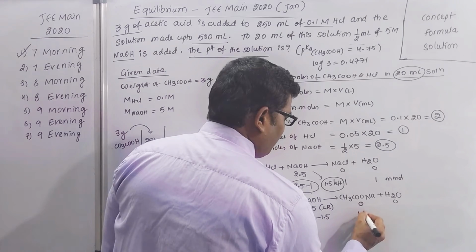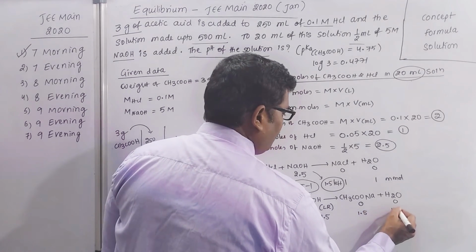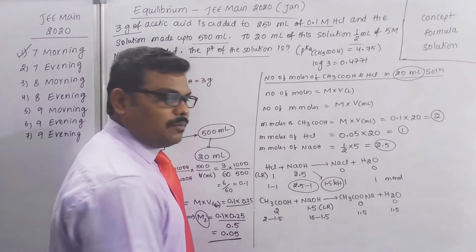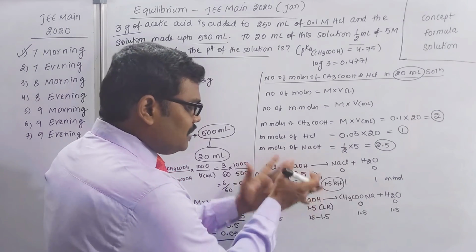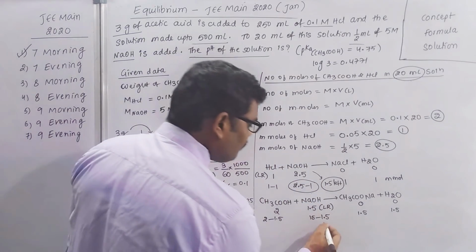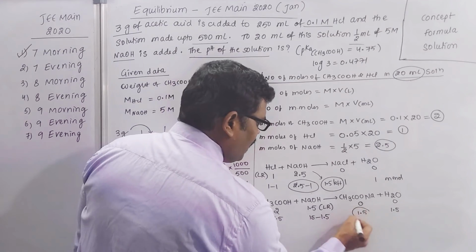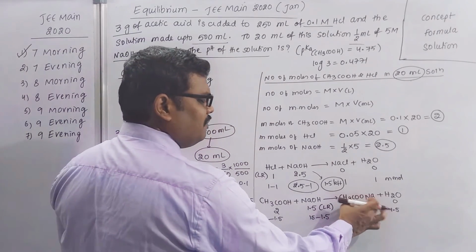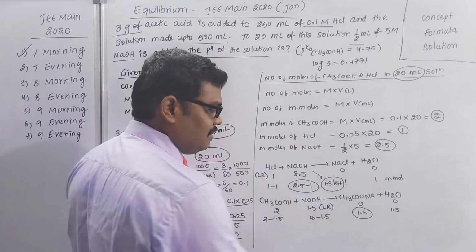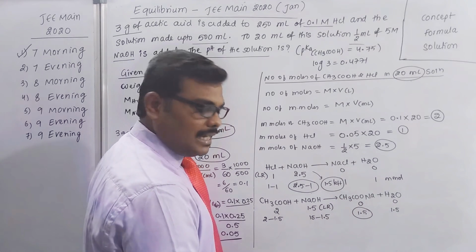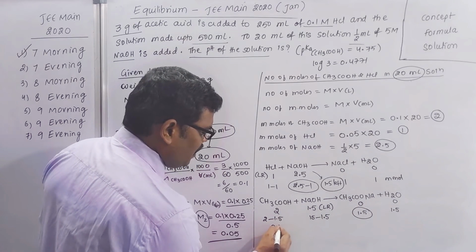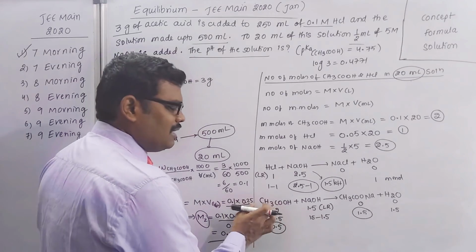Then 1.5 millimoles of sodium acetate and 1.5 millimoles of water are formed. Now this mixture has 1.5 millimoles of sodium acetate, a salt of strong base with weak acid, and 0.5 millimoles of acetic acid.